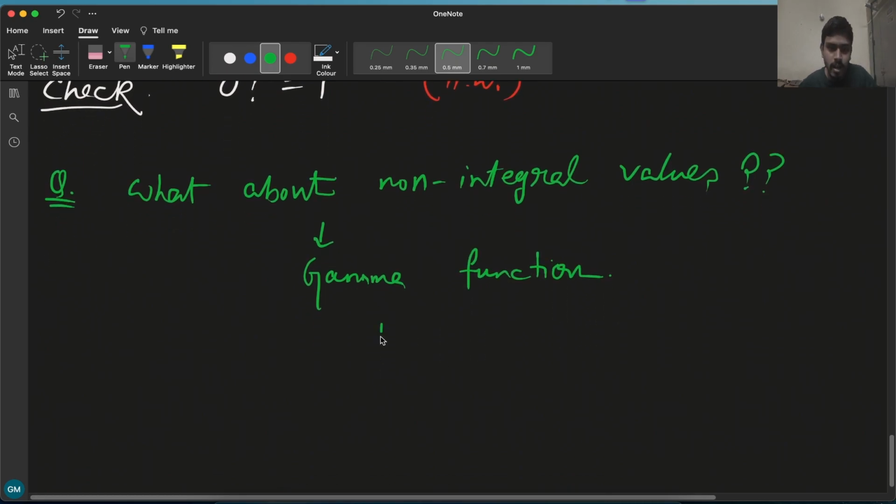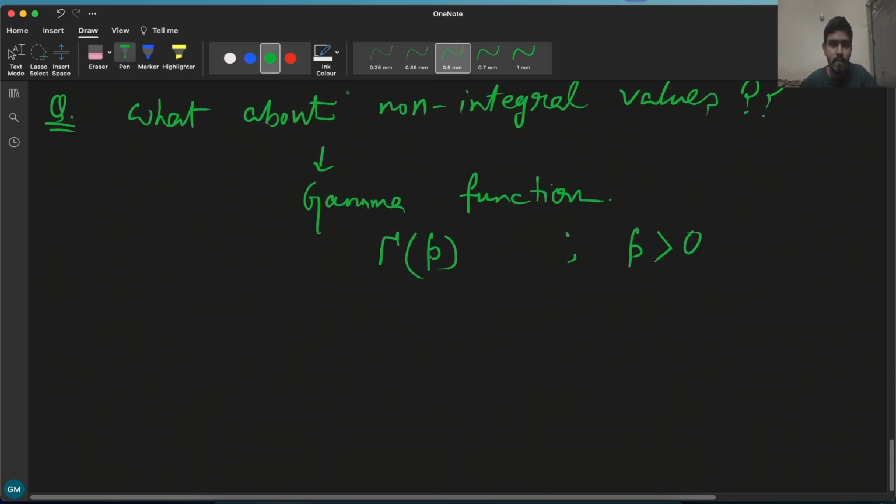And it is defined as gamma of some p, where this p is basically some number. For example, treat it as a number p, where p is greater than 0. And how is it defined?